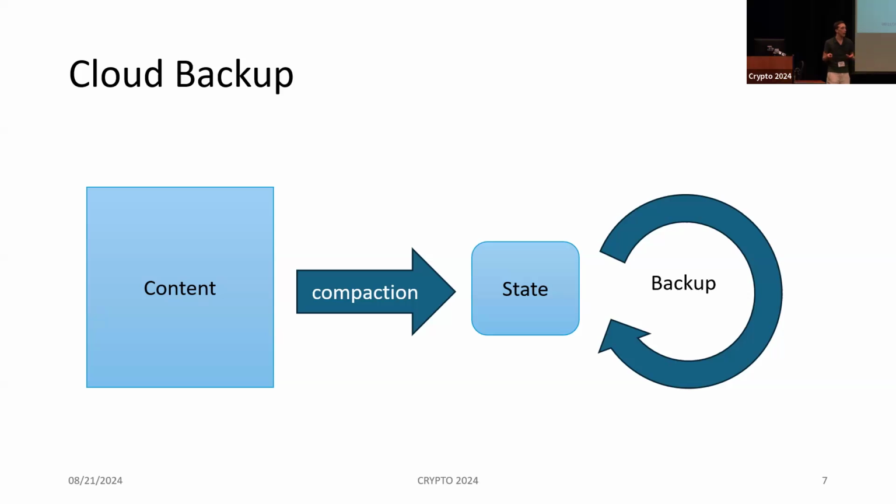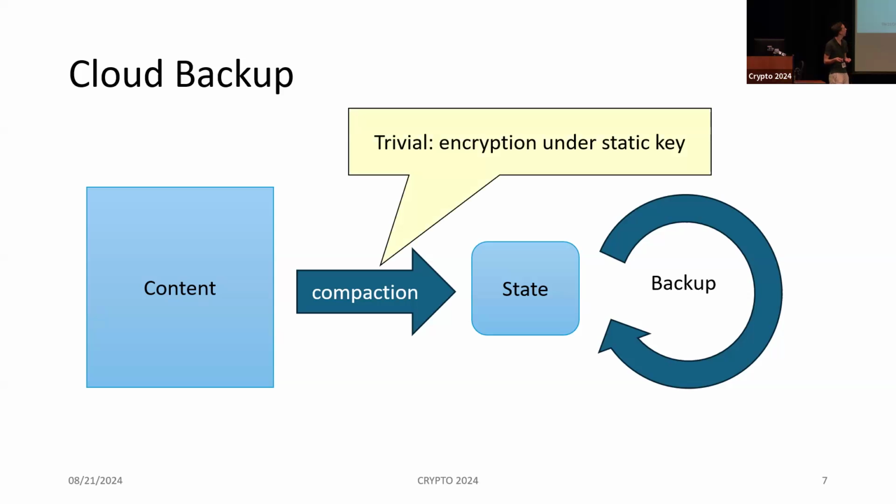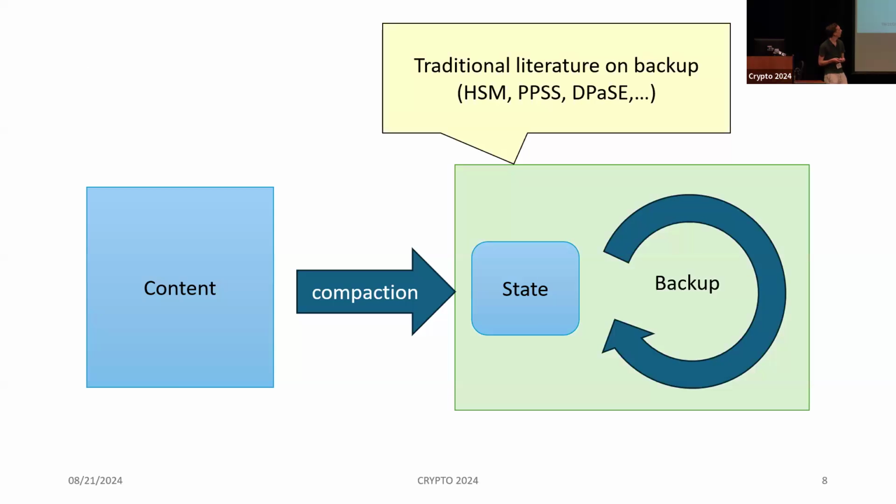How could I ensure that users can recover this small secret state based on some information they can remember? This compaction has, in the past, been considered trivial, and all the academic work has been focused on what people actually call the backup process.